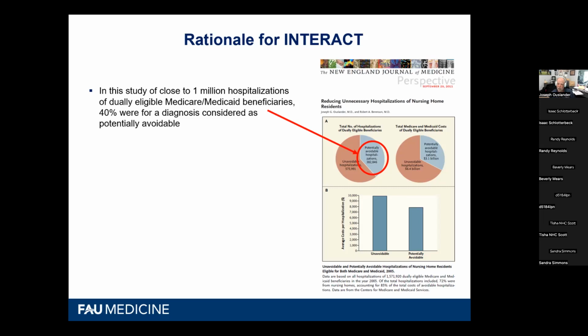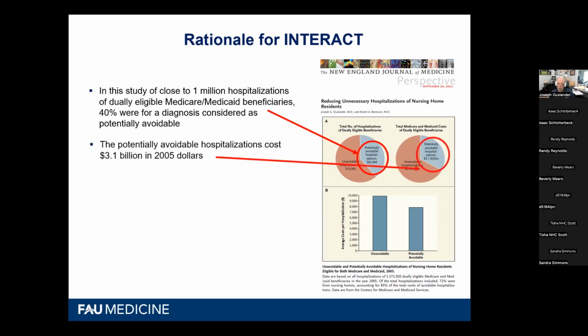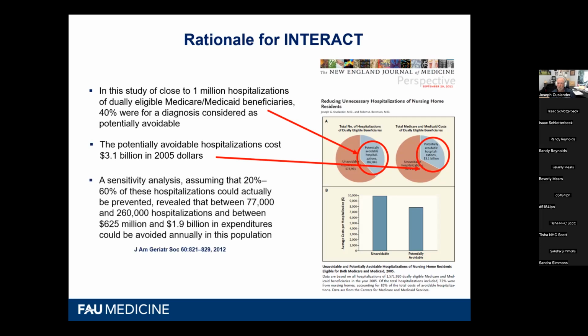I'll be happy to discuss. But we found that about 40% were associated with a diagnosis that was considered potentially avoidable. And that cost in 2005 dollars was $3 billion. So that's a lot of money.